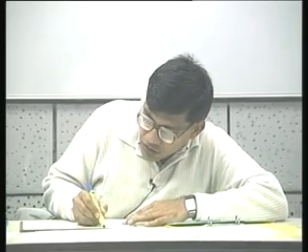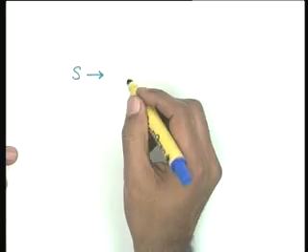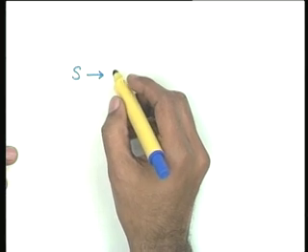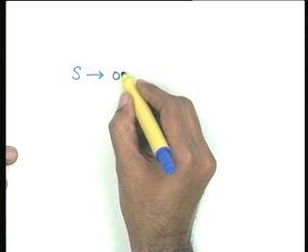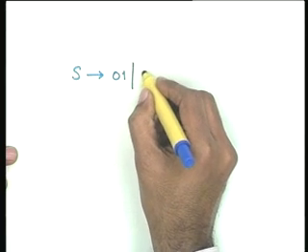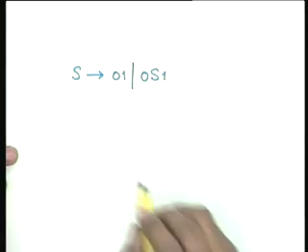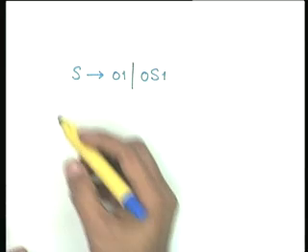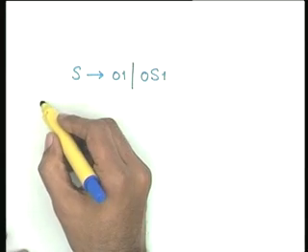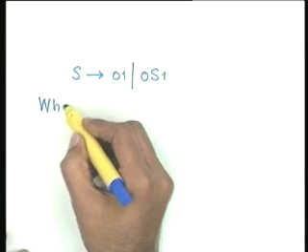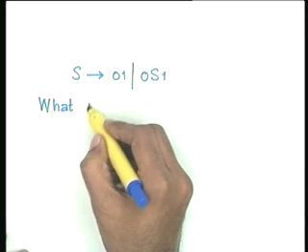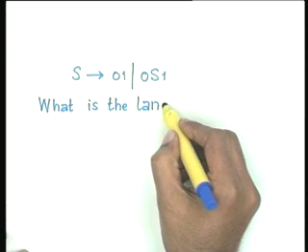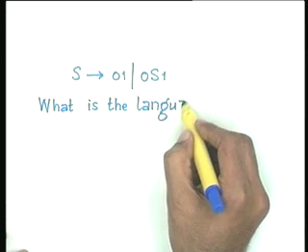So, if you take a context free grammar of this form, the question that you can ask is, what is the language generated by this grammar?